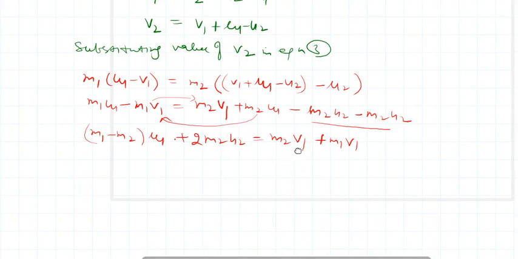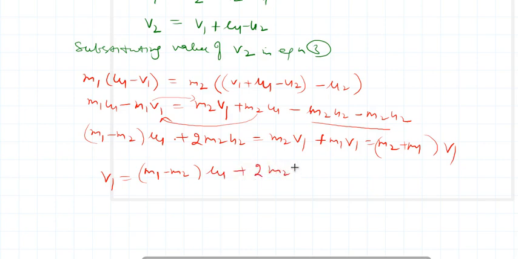My motive is to calculate this V1, so I can do one thing. Let me simplify it: it is equal to (M2 plus M1) into V1. If I put it here and divide by this, then V1 is equal to ((M1 minus M2) U1 plus 2 M2 U2) whole divided by M2 plus M1.